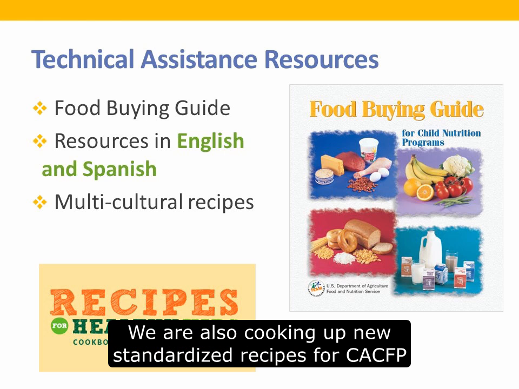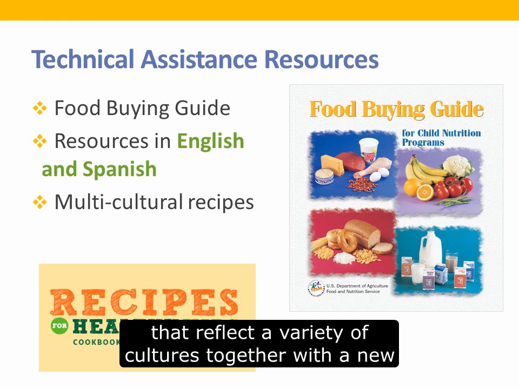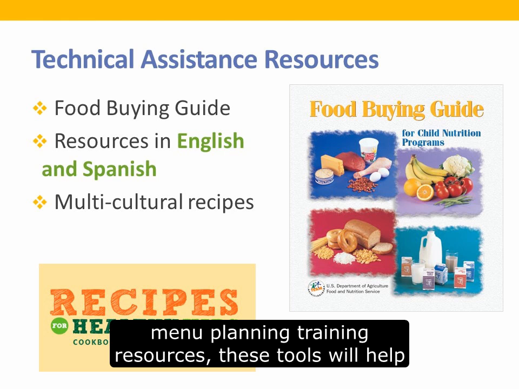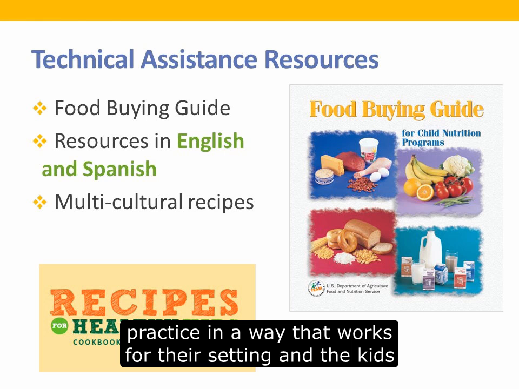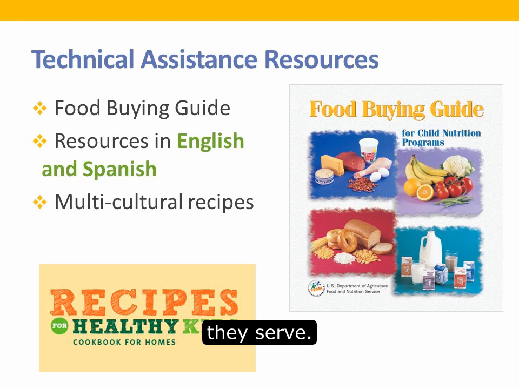We are also cooking up new standardized recipes for CACFP that reflect a variety of cultures. Together with the new menu planning training resources, these tools will help centers and daycare homes put the new meal patterns into practice in a way that works for their setting and the kids they serve.